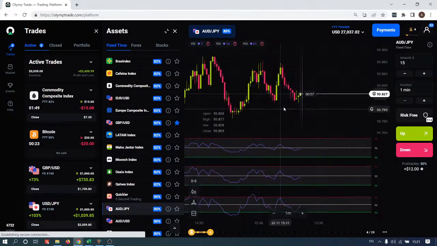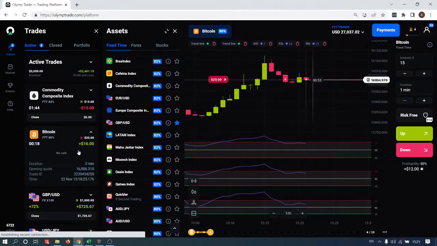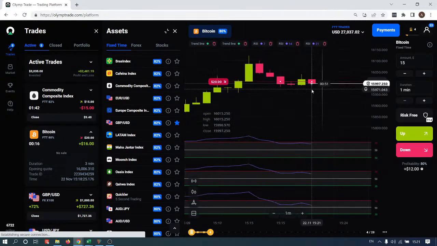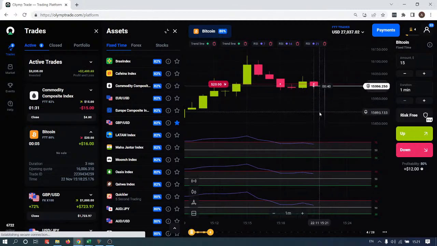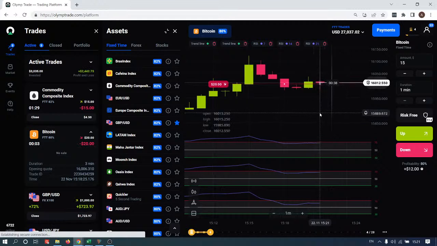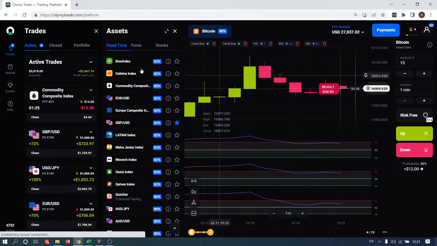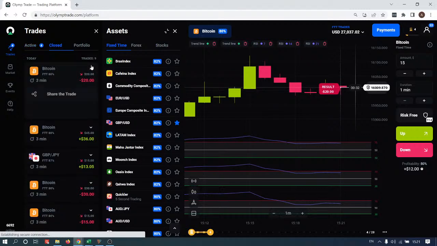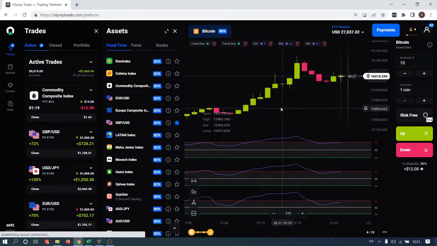What happened to Bitcoin? Okay, so 18 seconds to go. I don't know. Maybe I will be lucky, and this trade will close with a profit. So a little bit of luck never hurts in trading. Following your trading strategy is one thing, but also being on the same side with the market is another tool that helps your trading. And all right, I was very close, but unfortunately this trade still closed with a loss.